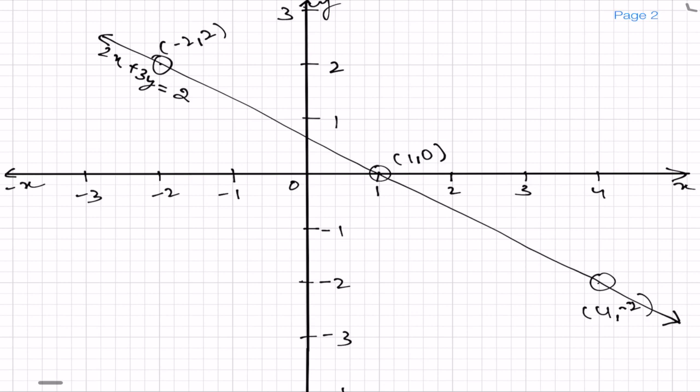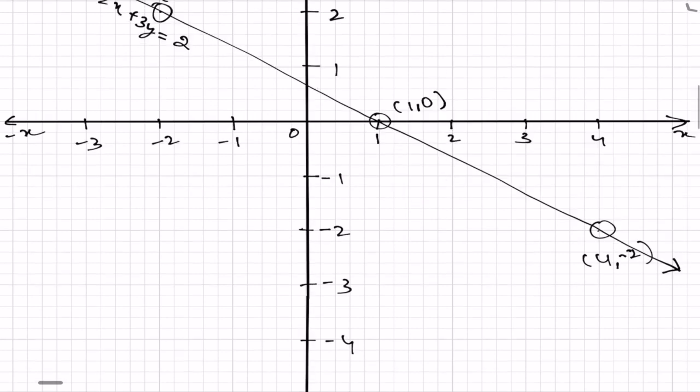Now we'll come to the second equation points, that is x is 0, y is minus 4. So x is 0, y is minus 4 is here. 0 and minus 4. Second is x is 2, y is minus 3. 2 and minus 3. Third was 4 and minus 2, that we have already plotted, as this point has come in the first equation also.